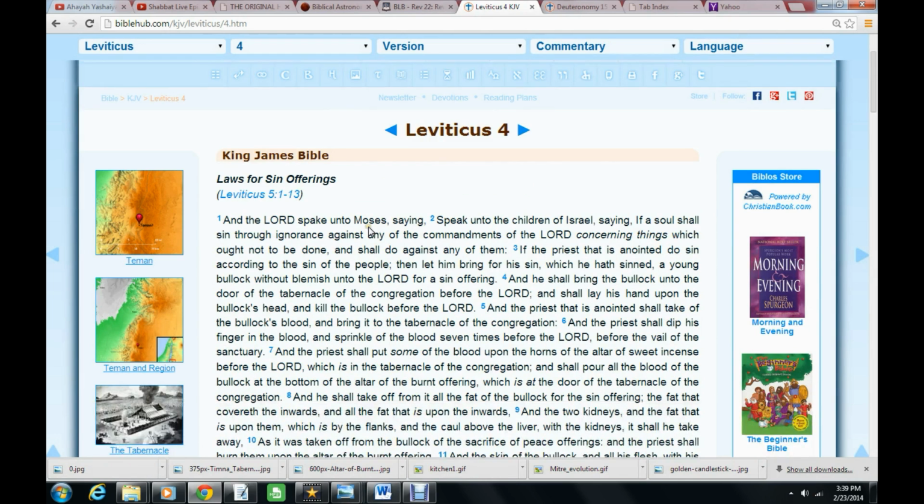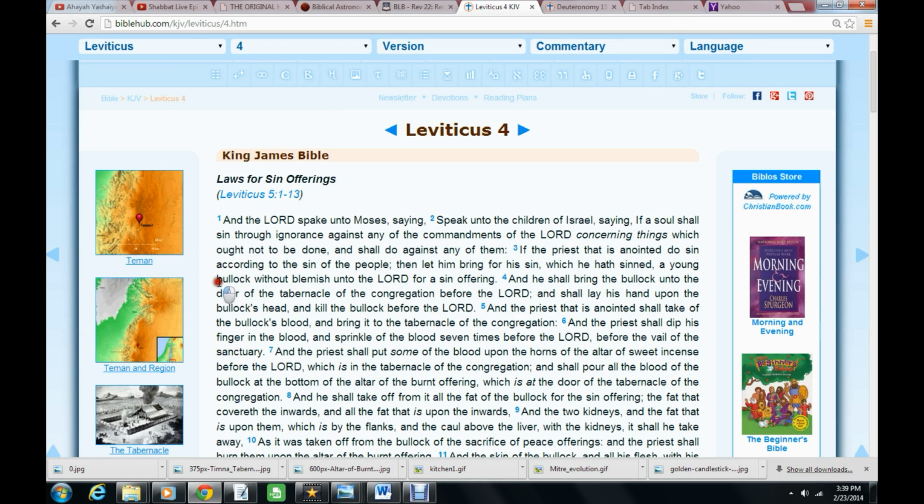And the Most High spoke unto Moses, saying, Speak unto the children of Yis-RoyAl, saying, If a soul shall sin through ignorance against any of the commandments of the Most High, concerning things which ought not to be done, and shall do against any of them, if the priest that is anointed do sin according to the sin of the people, then let him bring for his sin which he hath sinned a young bullock without blemish unto the Most High for a sin offering.